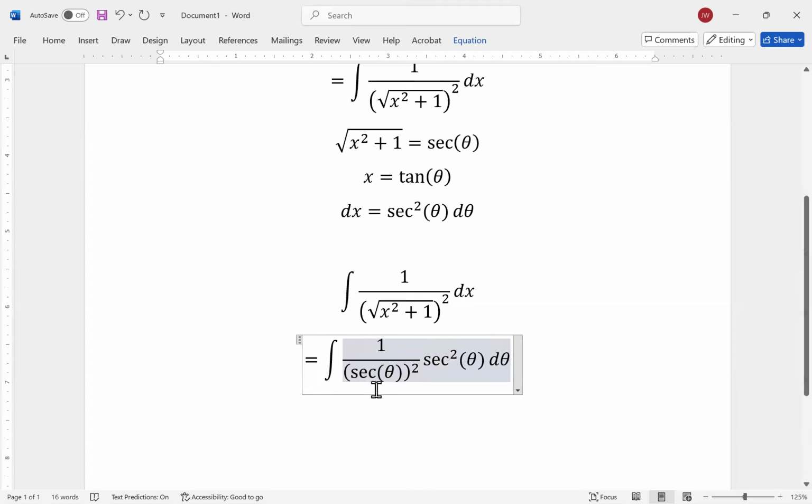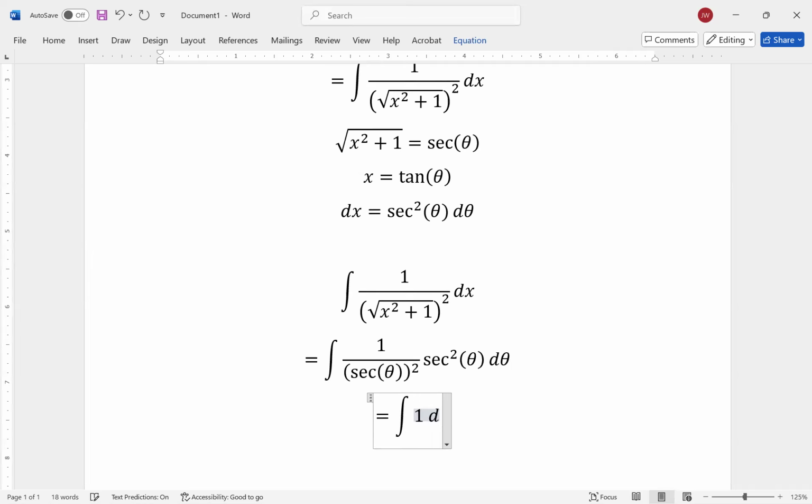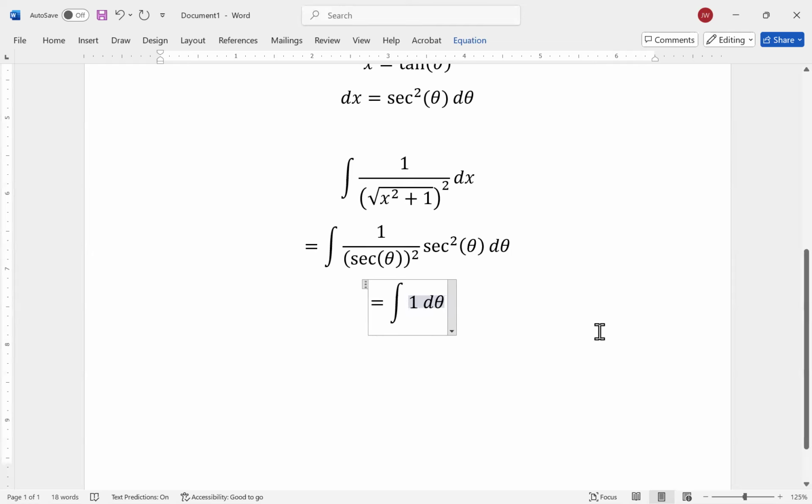And so secant squared in the numerator is going to cancel out with the secant being squared in the denominator. And I'm just going to end up with the integration of 1 with respect to theta. So I get theta plus c as the antiderivative.